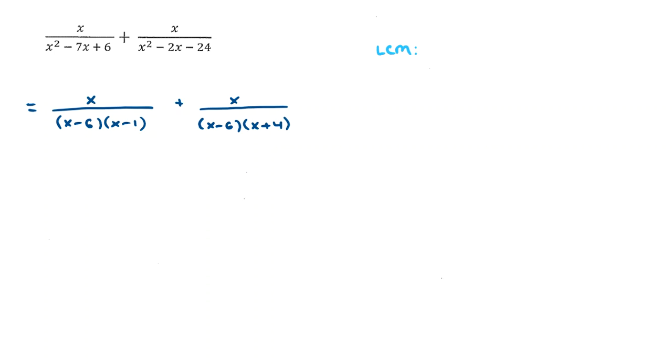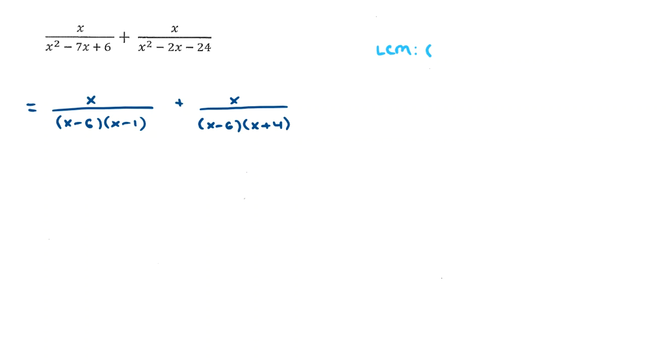What we want to do for the LCM is come up with an expression that is divisible by both denominators. As you saw in the last video, that involves taking these factors and just kind of multiplying them out as part of the LCM. In this case, what I want to do is take a look at each individual factor of the denominators. For instance, in the first rational expression, we have x minus 6.